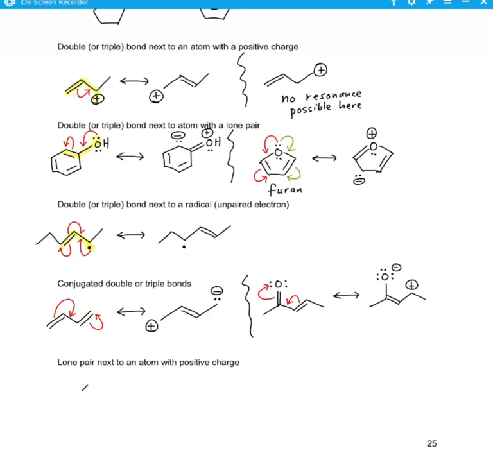And then finally, if you have a lone pair on an atom next to an atom with a positive charge, like you have here, here's your pattern. You just take one of the lone pairs off the oxygen, move it into a double bond.